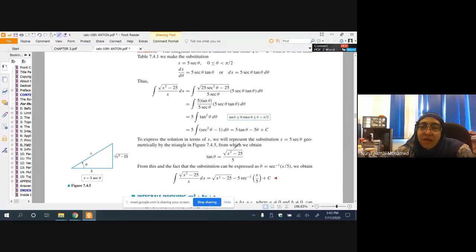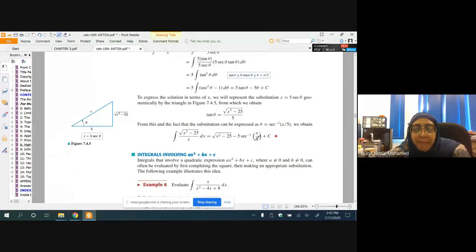But instead of that, you can also use this expression, which is theta is equal to tangent inverse of this. Both are correct, but this is simpler. So let's just stick with this one, and then you add C. Any questions?